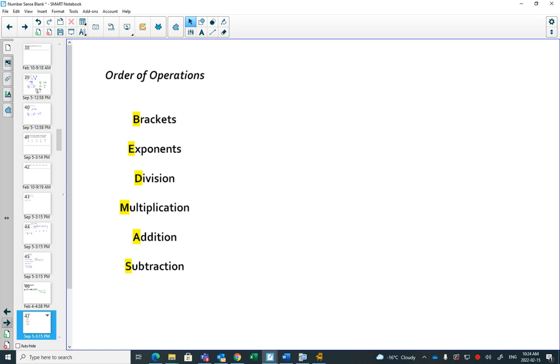And it tells us a way that we have to do our mathematics. These are arbitrary rules that were made just so that people didn't come up with different answers. If you're trying to explain something to somebody else, you don't want them doing mathematics differently. Sometimes it can be a big deal.